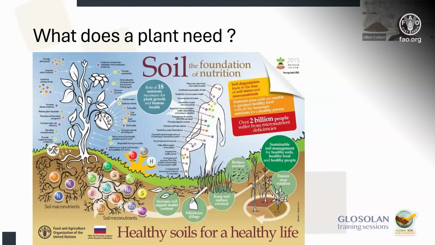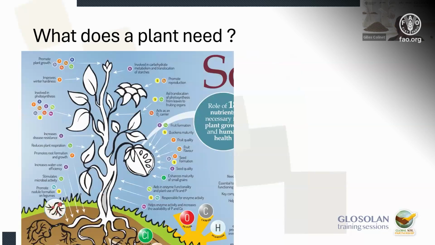If we look at the elements, I took this infographic from FAO that I like very much too, because it takes into consideration all the soil nutrients. So they are defined as macronutrients and micronutrients. The definition can change for different classifications.